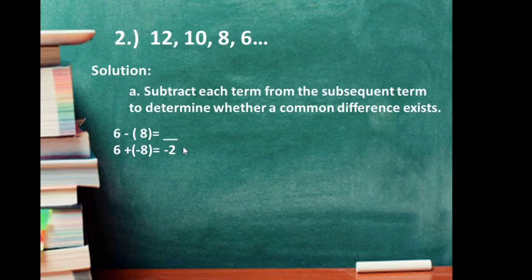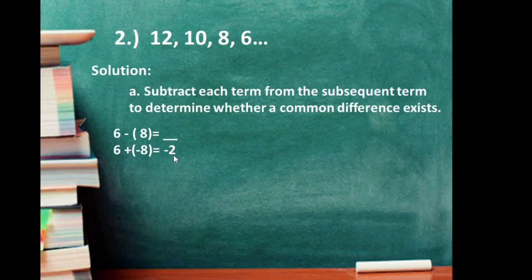We are going to apply subtracting integers. So what we are going to do is change the sign of the subtrahend. The subtrahend we have is 8. To change the sign, it will become negative 8. Then proceed to addition. So we have now 6 plus negative 8 equals negative 2.